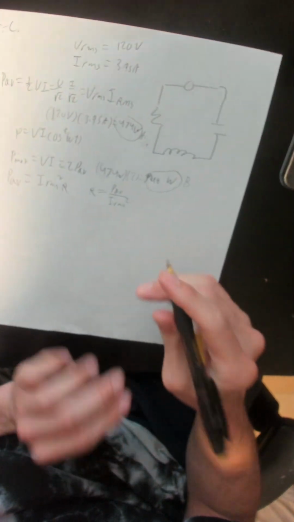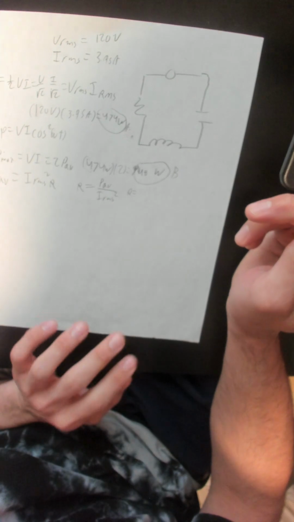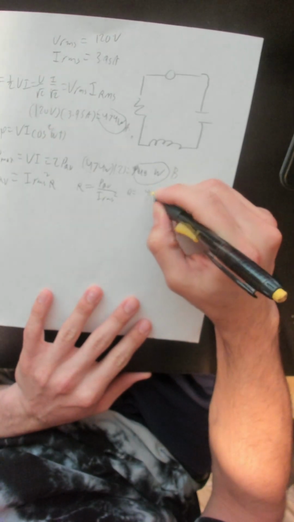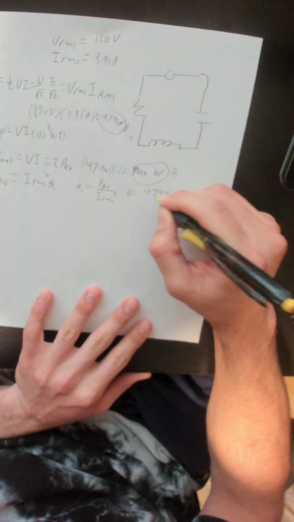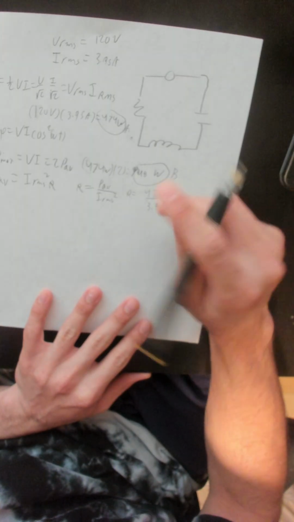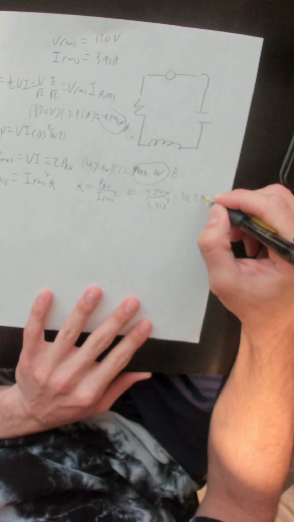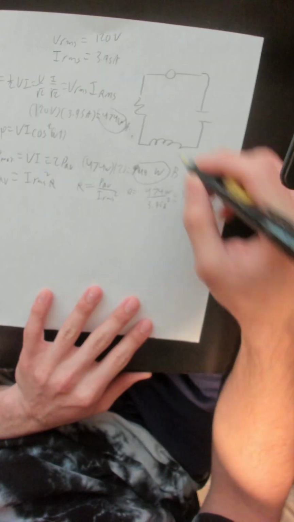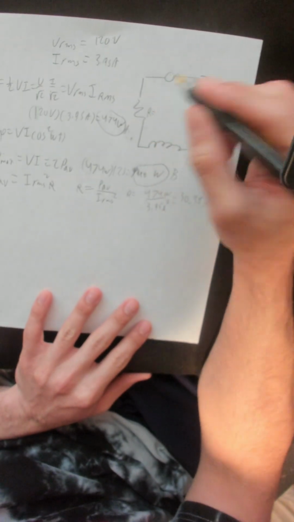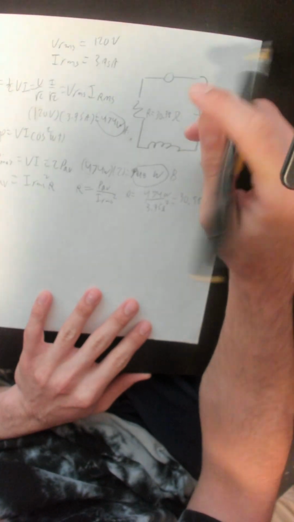So resistance equals 474 watts over 3.95 amps squared, which is equal to 30.38 ohms. So R equals 30.38 ohms.